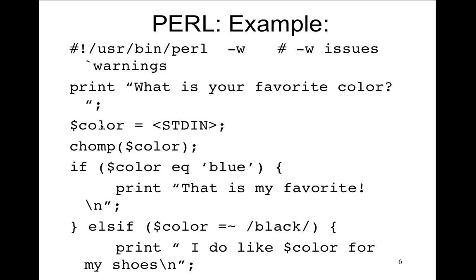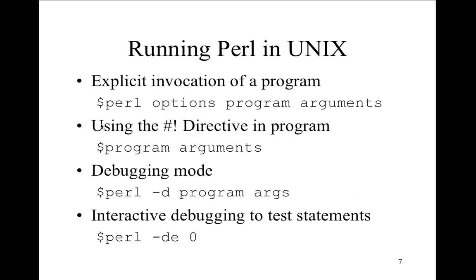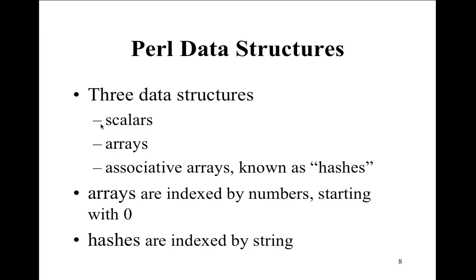So you don't have to reinvent the wheel. If you already have home out there, you can use home. You can say $home, and it's going to be the path of the user's home directory that was set in the environment variable. So a lot of Perl scripts are using environment variables, setting environment variables, running utilities that are in Unix, and performing all sorts of different activities. It's a lot easier to do it that way than it would be to write a C program.